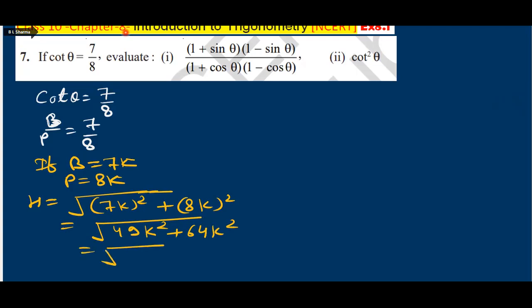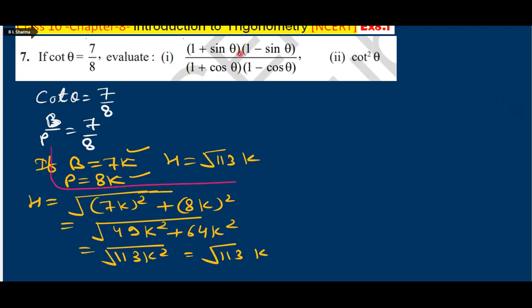The addition is 113k square. This can be written as root 113k. So perpendicular base is 7k, perpendicular is 8k, and hypotenuse is square root of 113k. ये हमारे पास 3 वैल्यू यहाँ पे ये देखिए, perpendicular, base and hypotenuse.